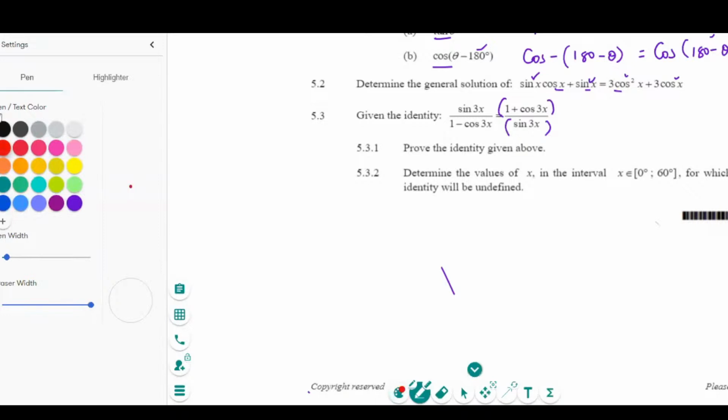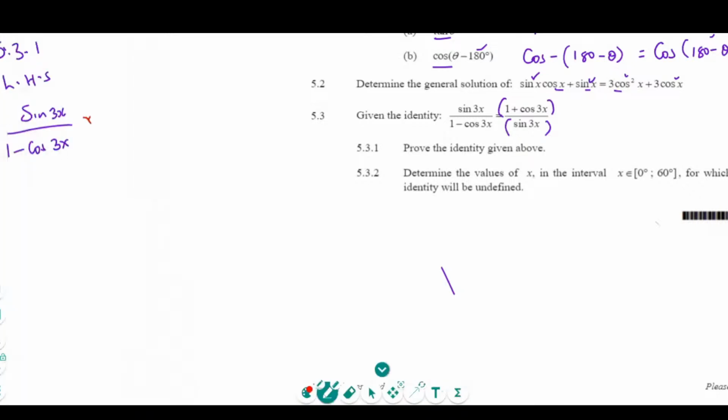If I multiply this by sine 3x, and even the denominator by sine 3x, is this going to help us? Okay, let's see. So this is going to be sine squared 3x over, I'm not going to open that, sine 3x into 1 minus cos 3x.